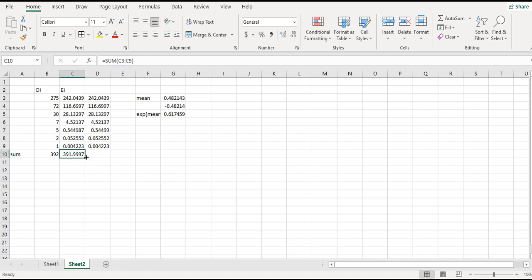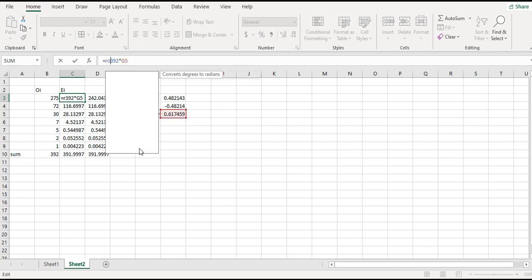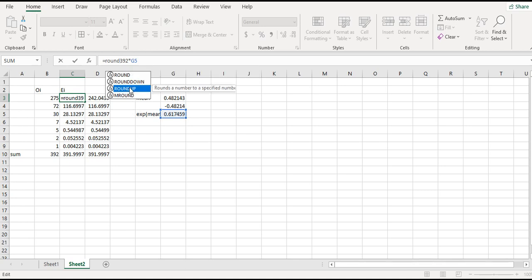Now if we drag this value, okay, so we can consider it as a round up to 4 decimal places.